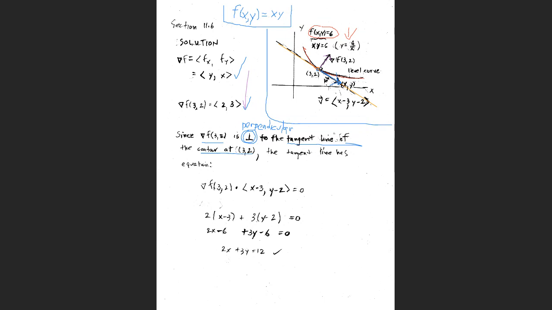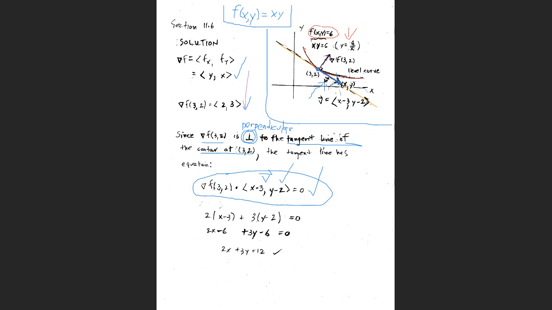So how am I getting this equation here? Well, the vector v is right here in blue. The vector v is the difference between the point 3, 2 and the general point xy. So to get that vector, we subtract the components.